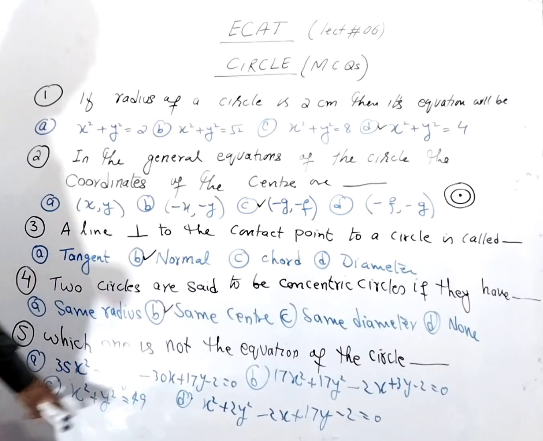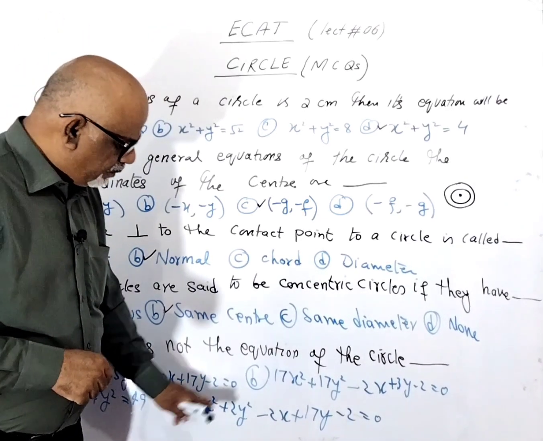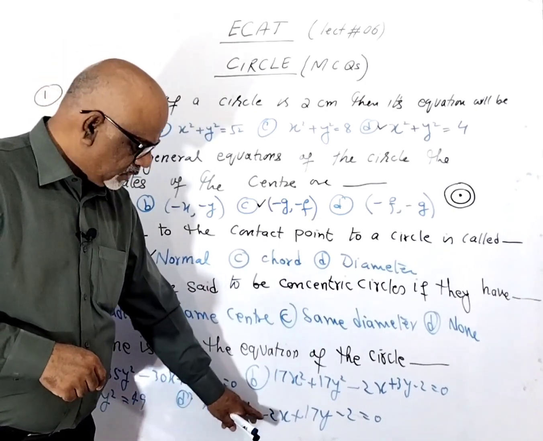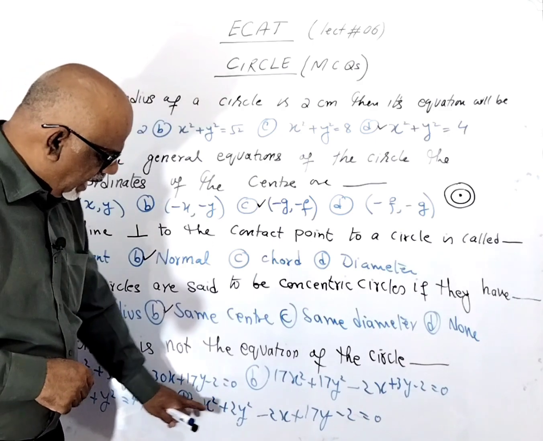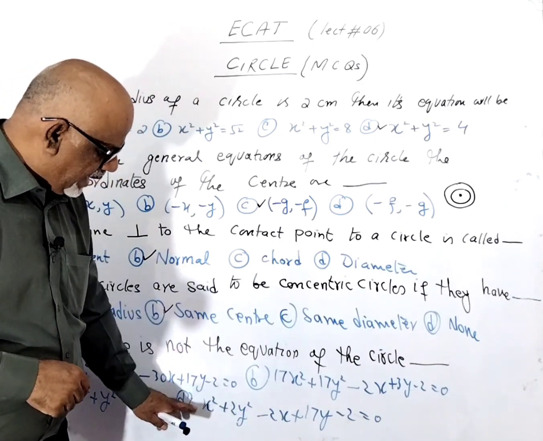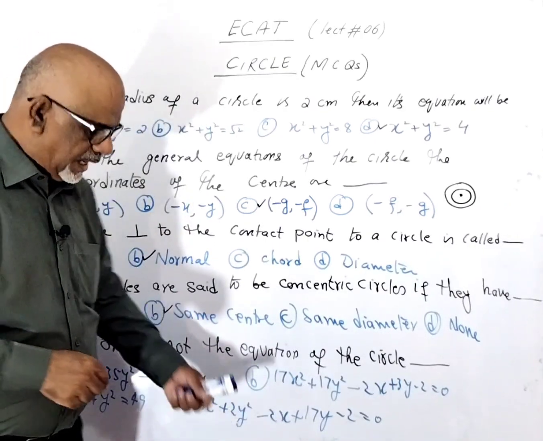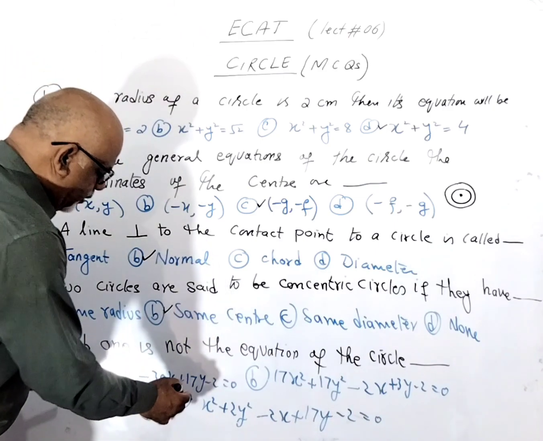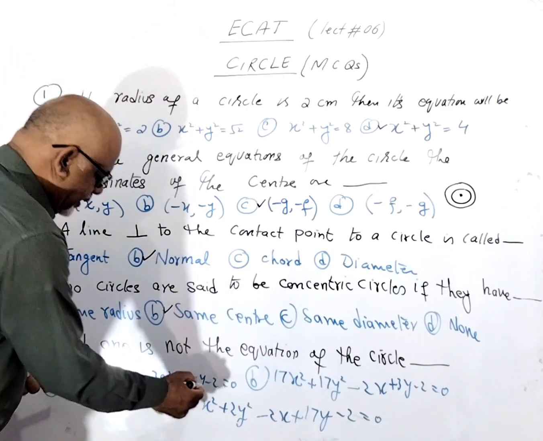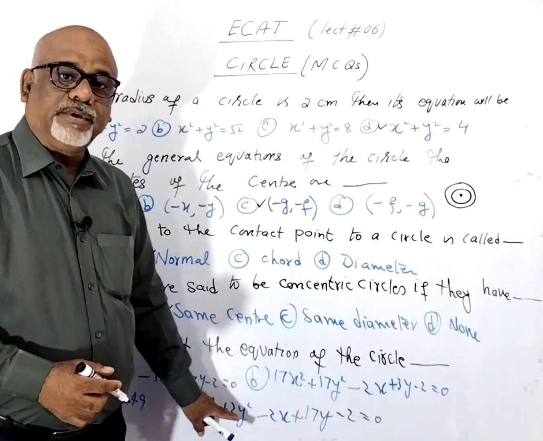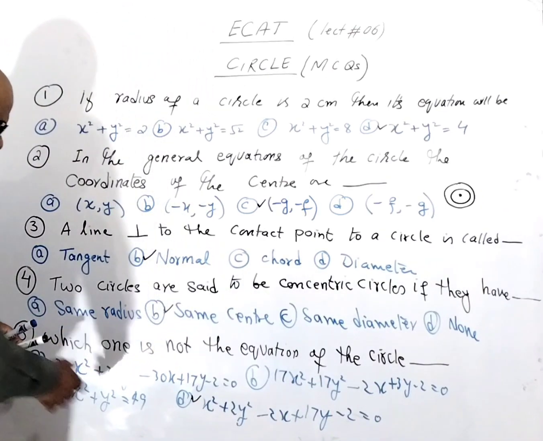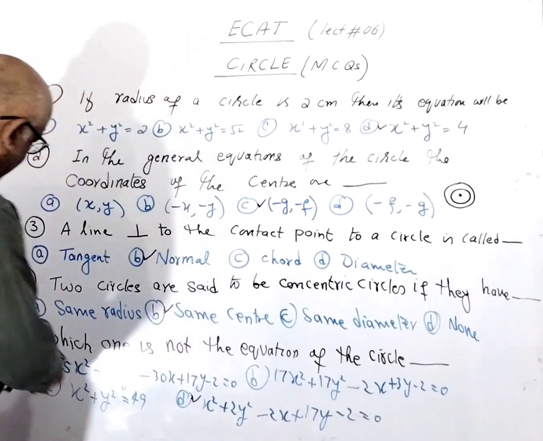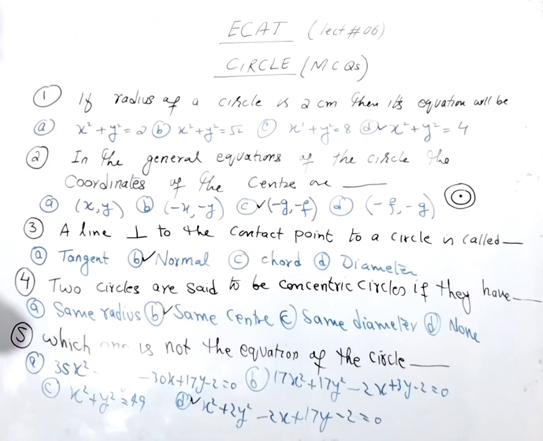The D part is x square plus 2y square minus 2x plus 17 minus 2 equals 0. Here we have different coefficients of x square and y square. That means the D option is correct, which is not the equation of the circle.